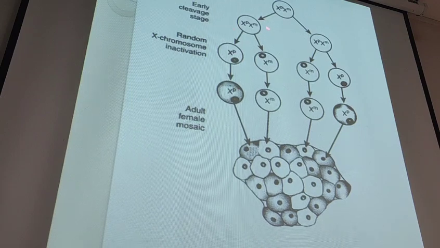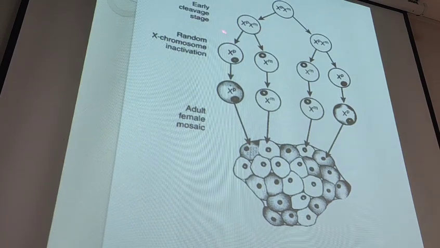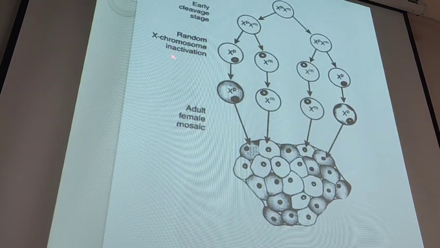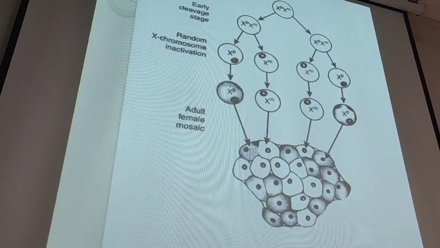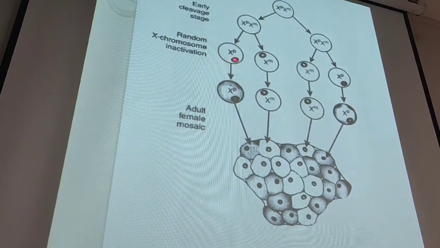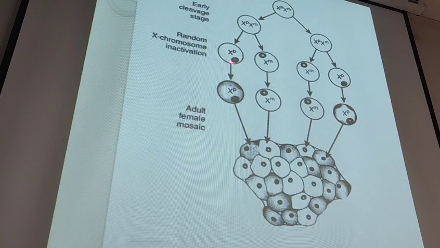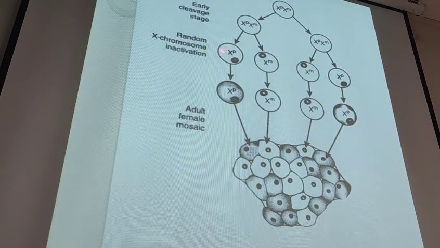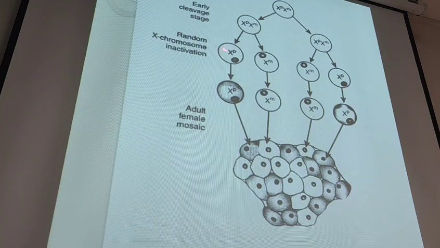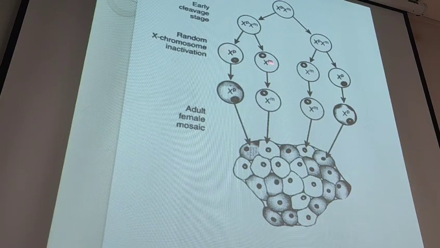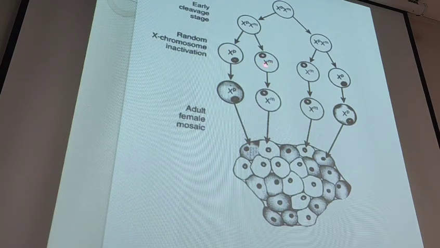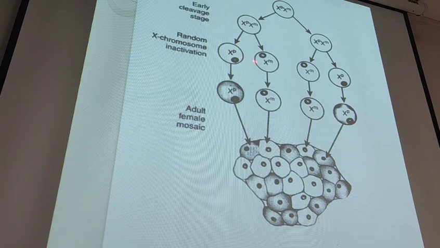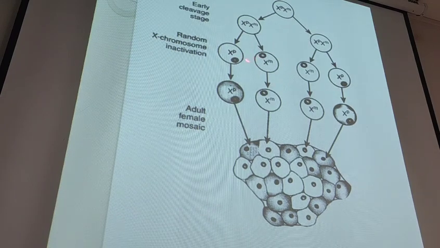Both paternal and maternal are active, but when X inactivation happens, in some cells, maybe the maternal chromosome X is inactivated and the paternal chromosome is active. Okay? In another cell, maternal chromosome is active, the paternal chromosome is inactivated.